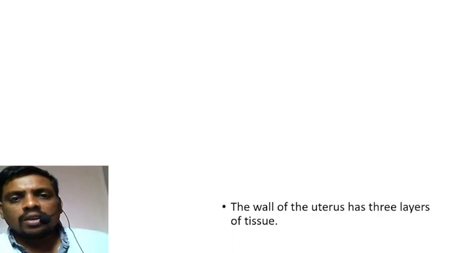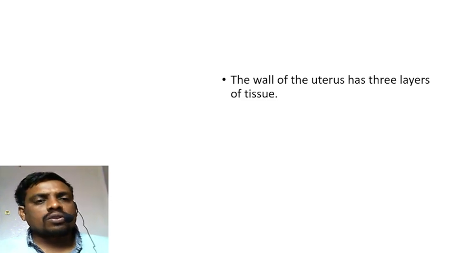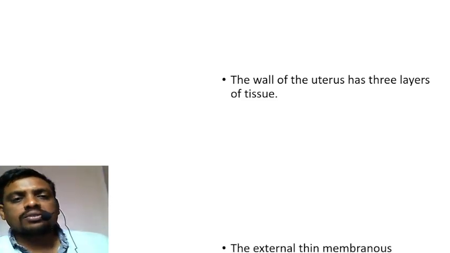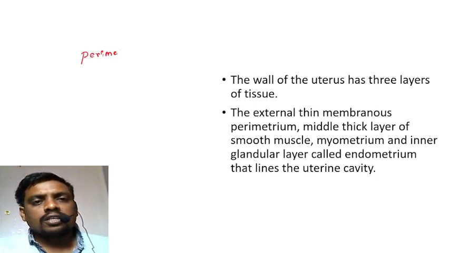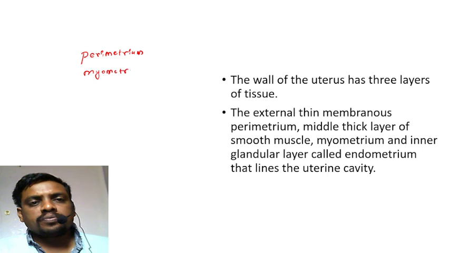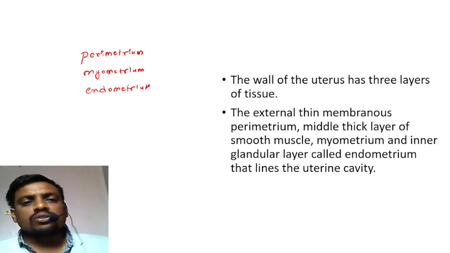Understood everyone? Apart from that, the wall of the uterus has three tissue layers. The external thin membranous layer is called the perimetrium. Below the perimetrium, the myometrium is present. Below the myometrium, the endometrium is present, which lines the uterine cavity.